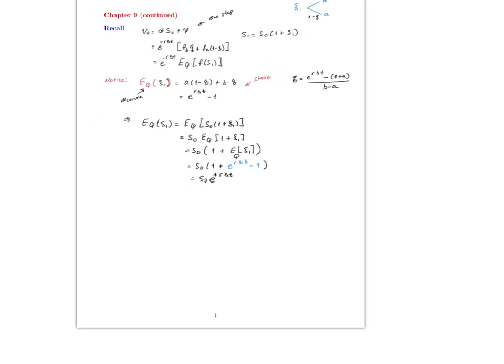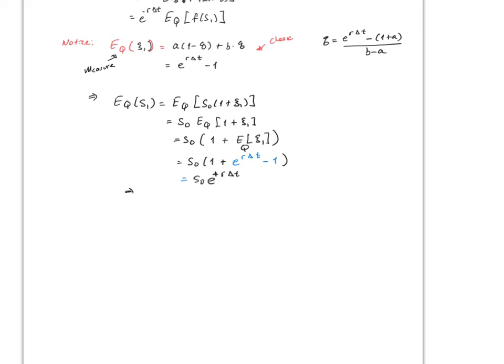So therefore, from here, this implies that S0 is equal to e to the minus r delta t times the expected value of S1 with respect to Q. Now, we're going to use this result on our martingale problem.